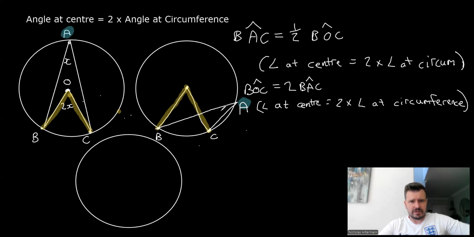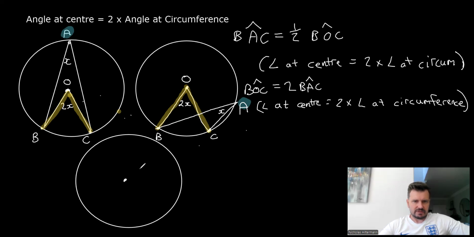So if this is our x, because that's the one at the A, then this is going to be 2x. And you write it exactly the same as I've put it up here. Then that would be the center.